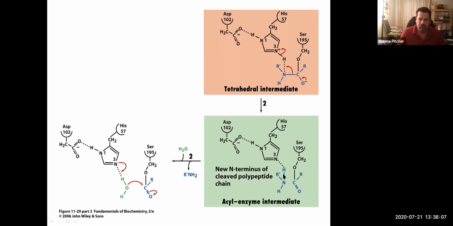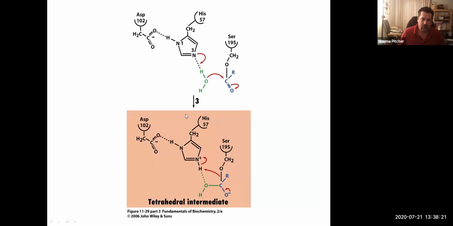So this blue part, half of our peptide, pops out, and the water comes in, and now we can get the third step, which is nucleophilic attack by water on the acyl enzyme intermediate to make a new tetrahedral intermediate.